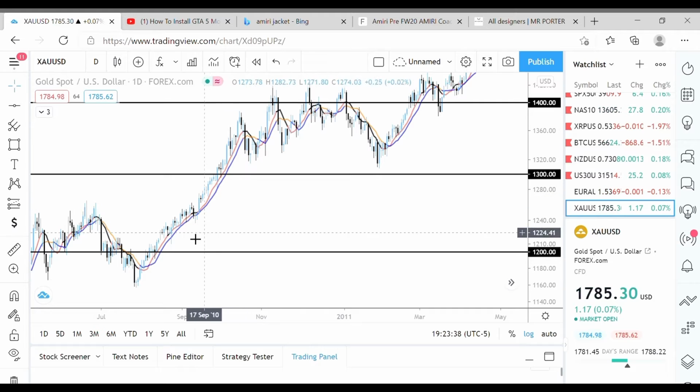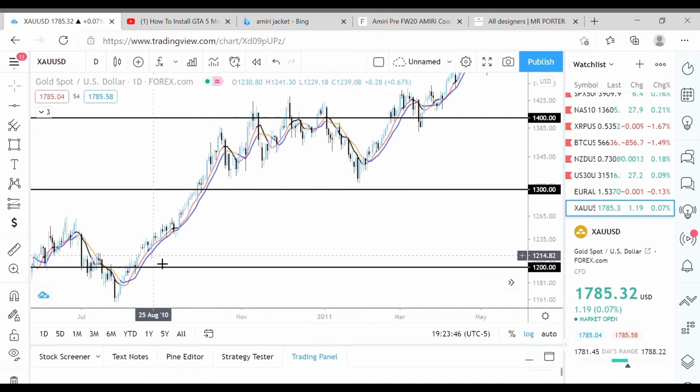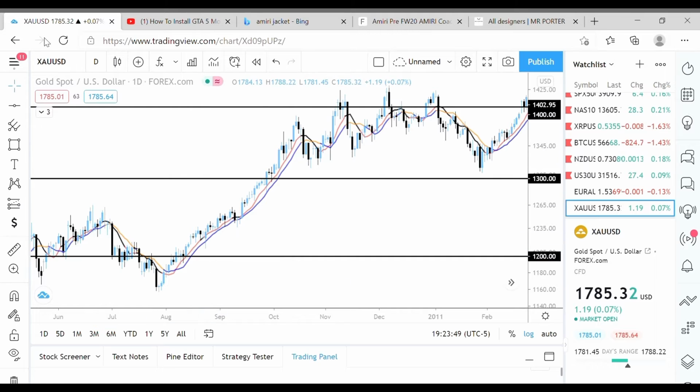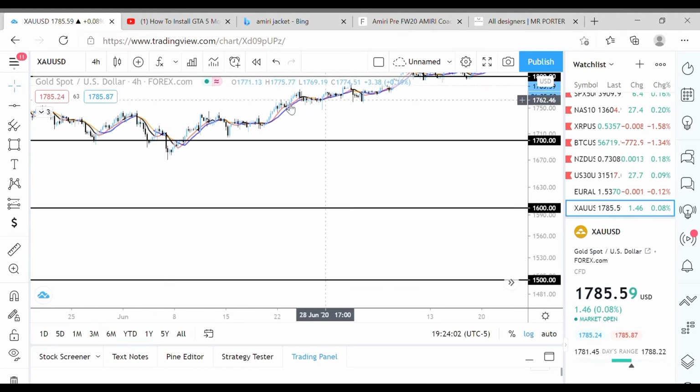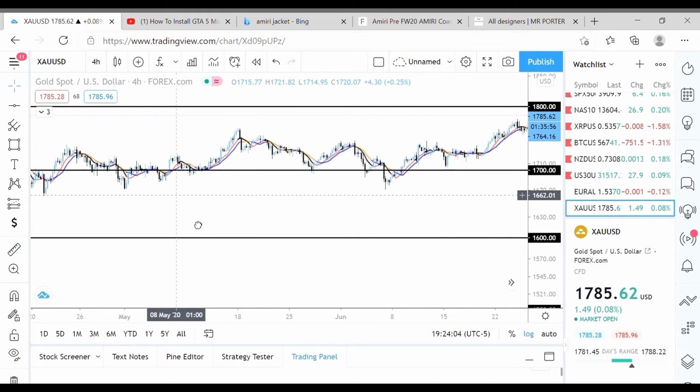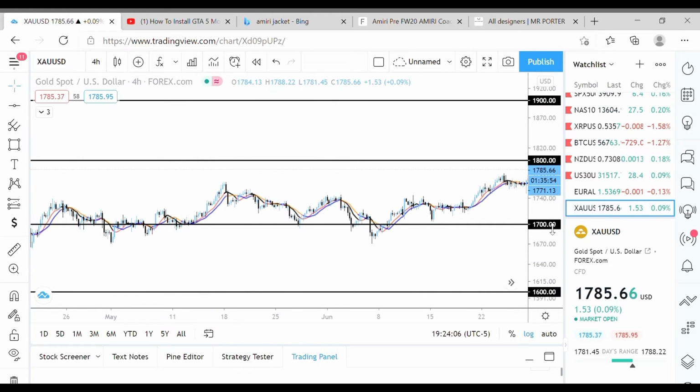You can see that price was over the moving average and it started to buy up. I'm gonna go down to the 4 hour so I can see. Alright, so we on the 4 hour right now. On the 4 hour you can see a little bit better.